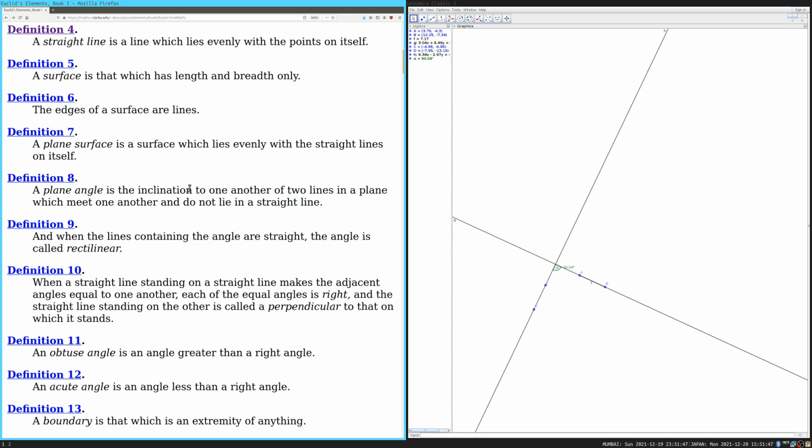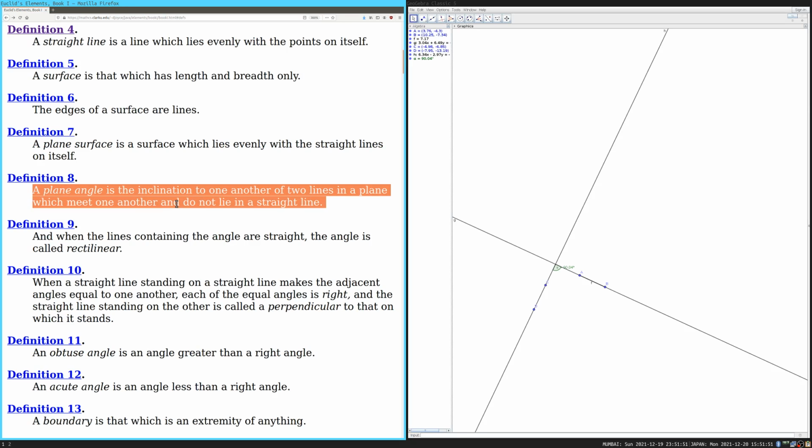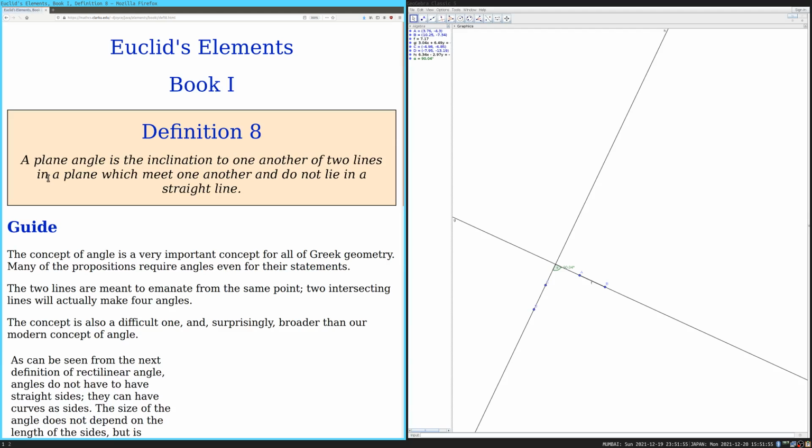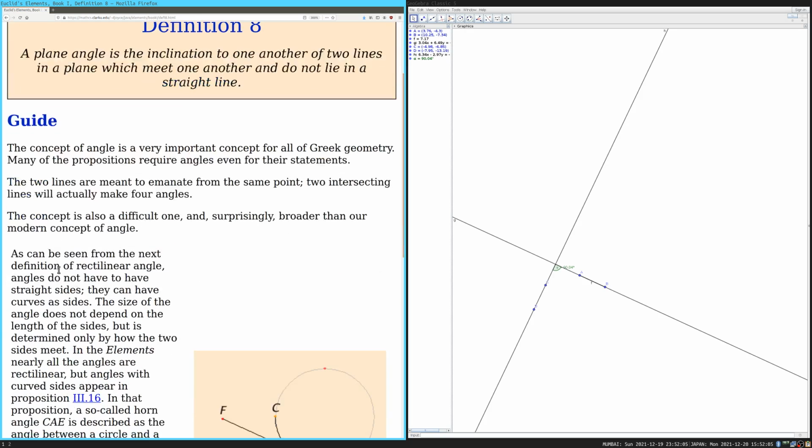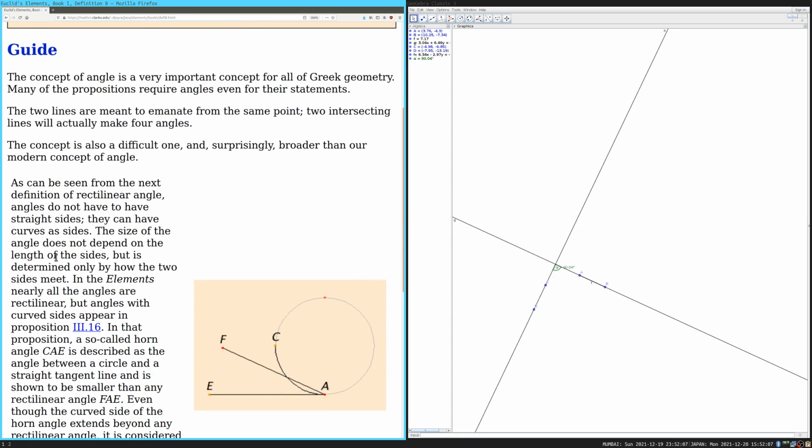Two lines. What does this mean? I see. Angles do not have to have straight sides. They can have curves as sides.